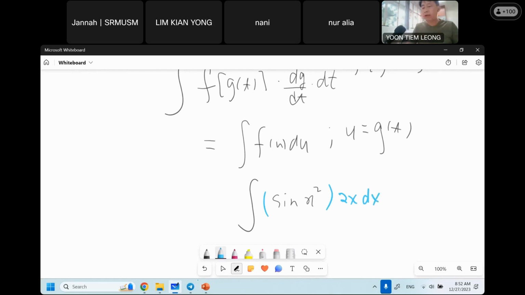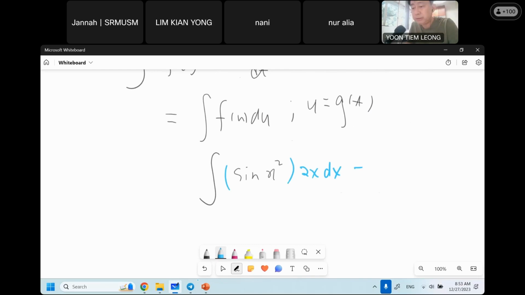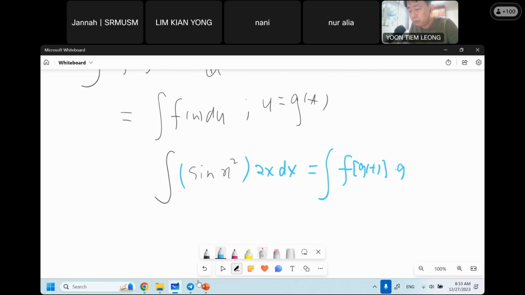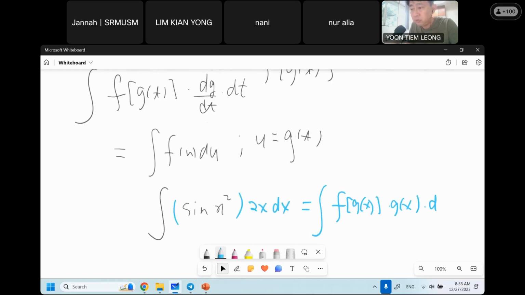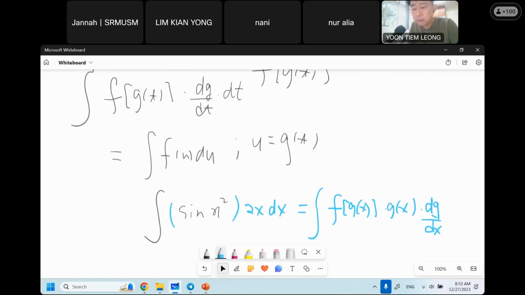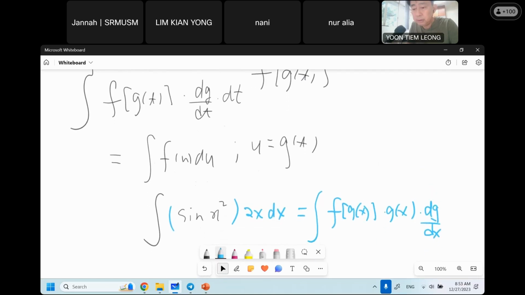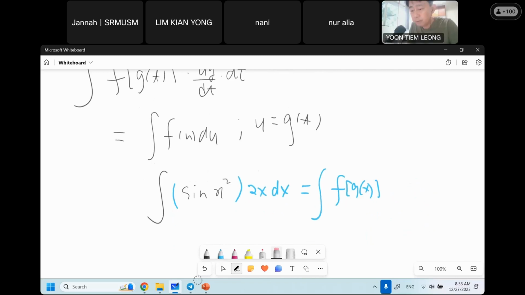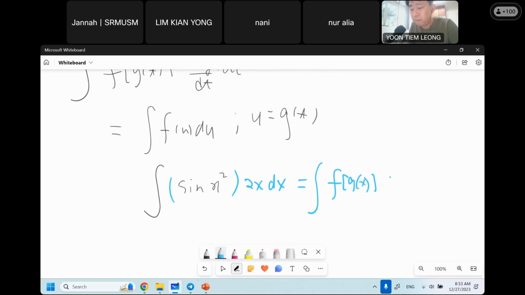Okay, so this kind of integration can then be expressed as the integration of the function of g of x times dg dx times dx.